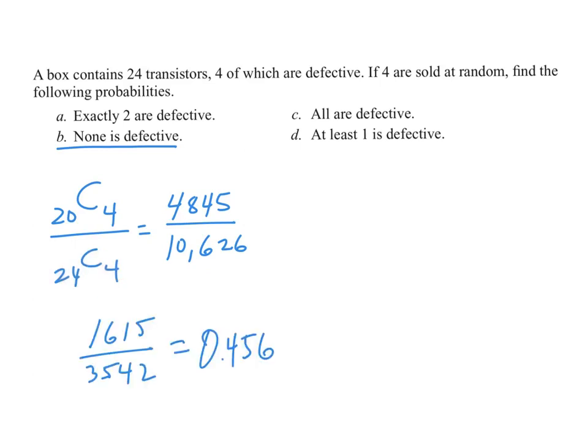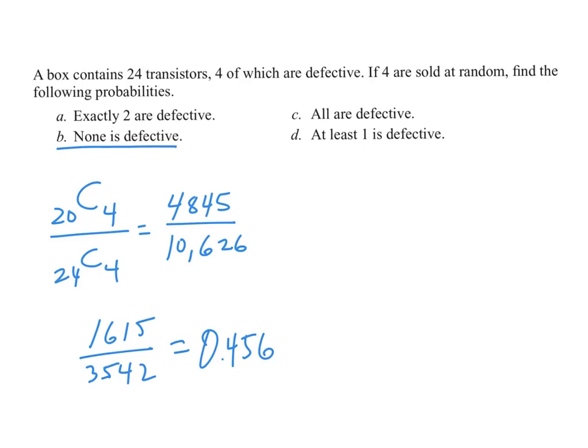True. So that's my reduced fraction, and that is my chances of doing that. Which, if you think about it, if 20 out of the 24 are working just fine, it's a fairly high probability that I'm going to pick one that's fine. Okay, 45%, 46%. It's a decent probability.